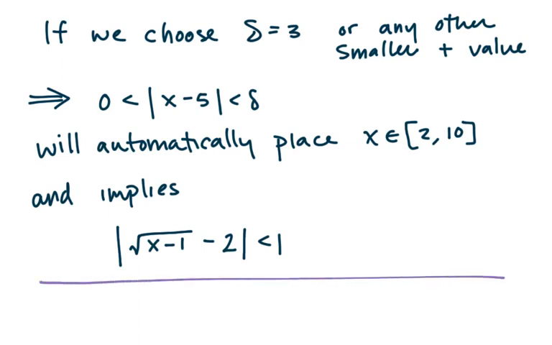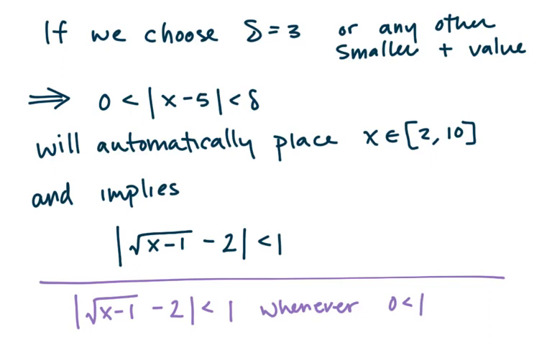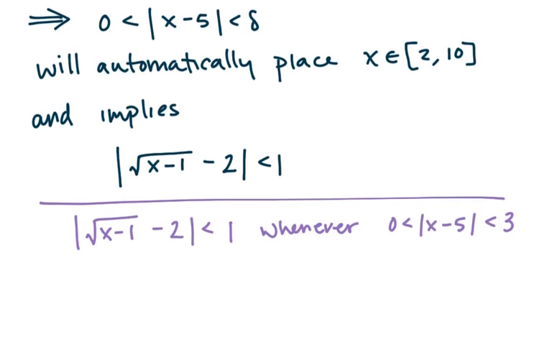Or rather, the function minus the limit less than epsilon, which is 1, is true whenever my delta is chosen, as long as x minus 5 is between 0 and 3. I choose my delta to equal 3. So let's pull in that image.